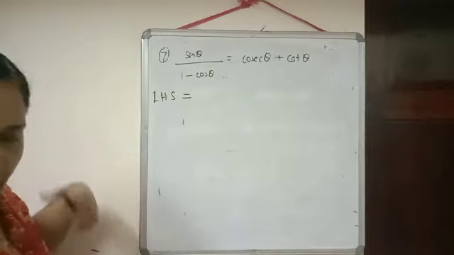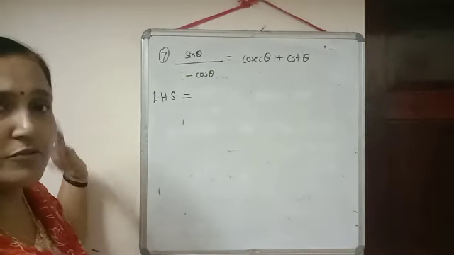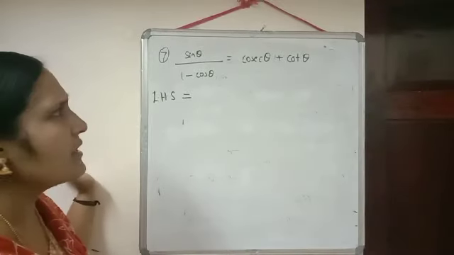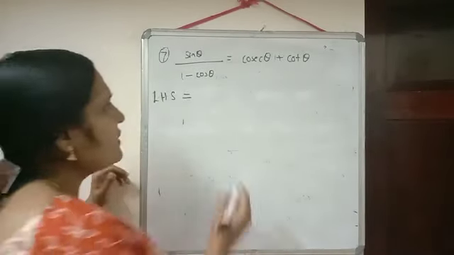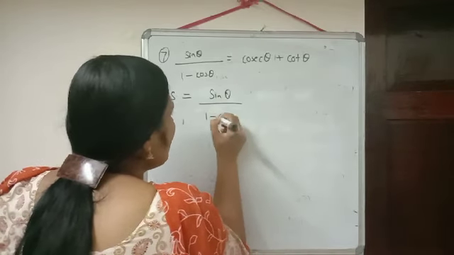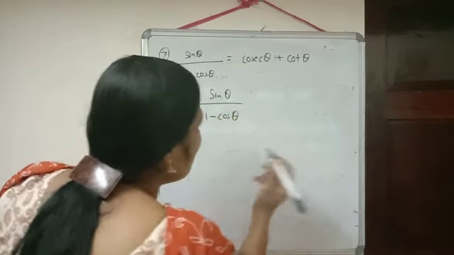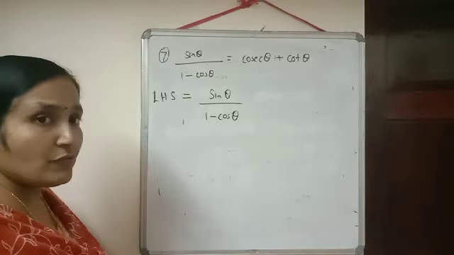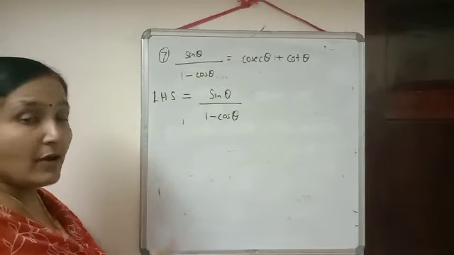In the left hand side we don't have any other term to do addition or subtraction. Then what method can we use here? Already it is written in terms of sine and cos, and only one term is there. We cannot use any identity here. Then what can we do? Yes, one method is there.